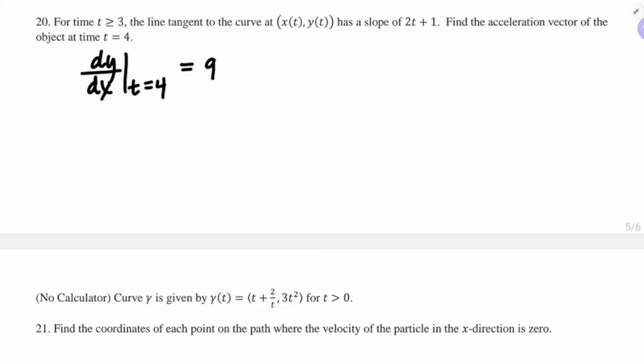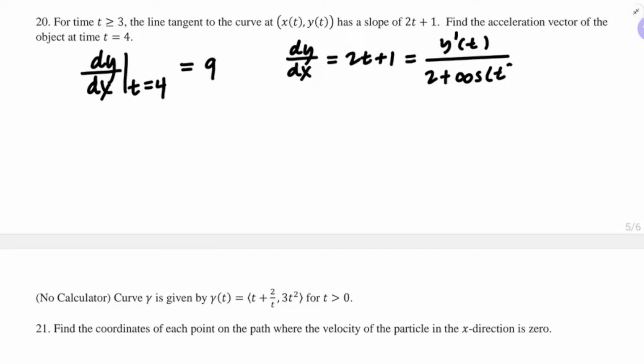I think we need to say dy dx, which equals 2t plus 1, is also equal to y prime over x prime. So that's y prime of t divided by 2 plus cosine of t squared.